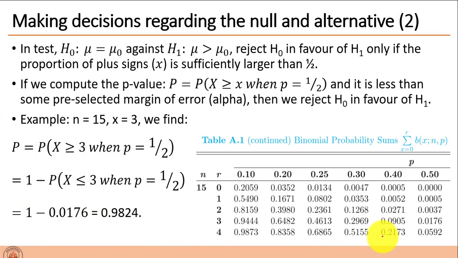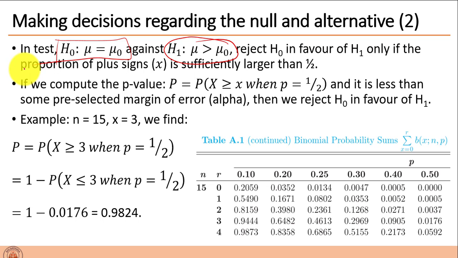Now, what if our alternative hypothesis is different? The null hypothesis still remains the same, equals to, but the alternative this time is greater than, not less than. So we reject H0 in favor of H1 only if the proportion of plus signs is sufficiently larger than half.